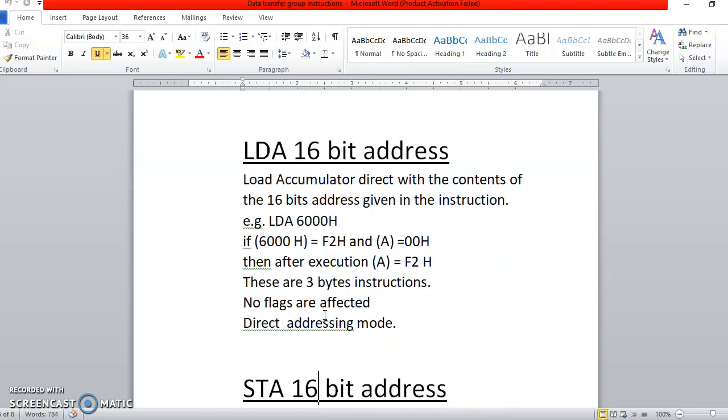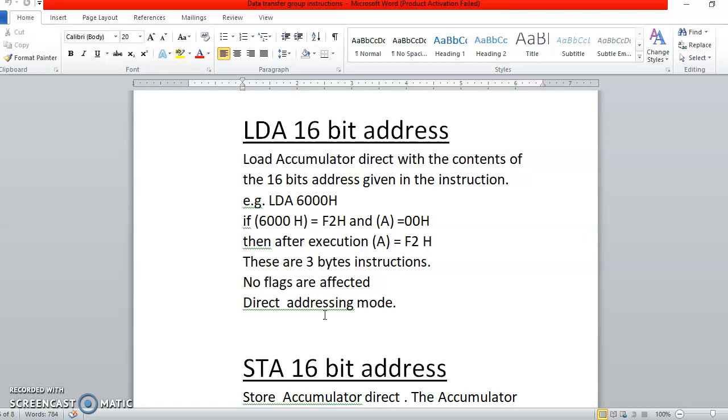Then we will see the LDA and STA instructions. These are opposite instructions. For LDA, you have to mention the 16-bit address in the instruction. What this instruction does is that the contents of that address are transferred into the accumulator. The contents of any address can be transferred either into the accumulator or into the H and L register pair only.